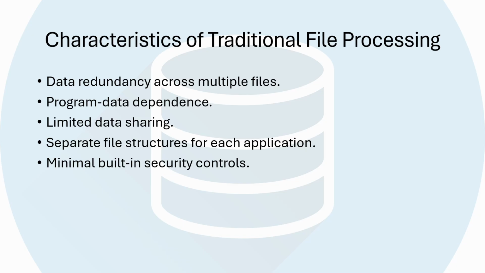Third, data sharing is limited. Since each application has its own files, integrating data across systems is difficult. Each application defines its own file structures, which makes standardization challenging. And finally, security mechanisms are minimal. Access control is usually implemented at the application level rather than through a centralized management system.